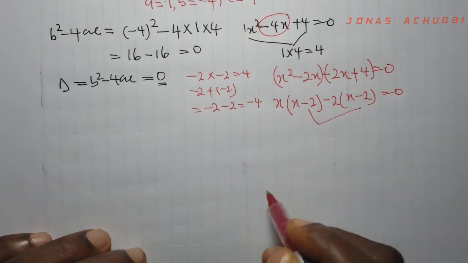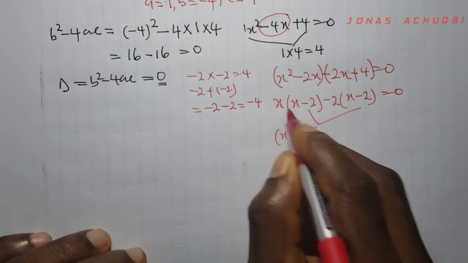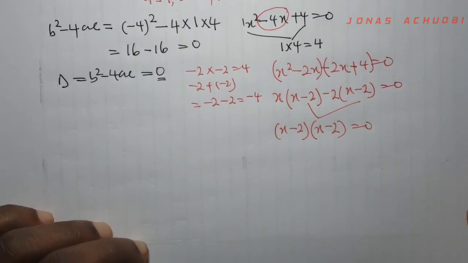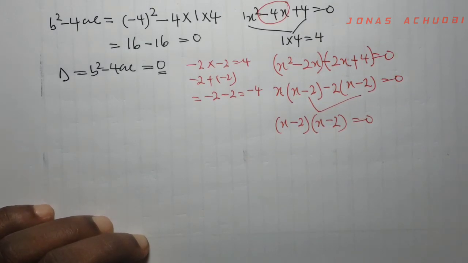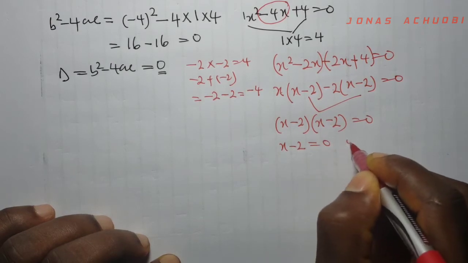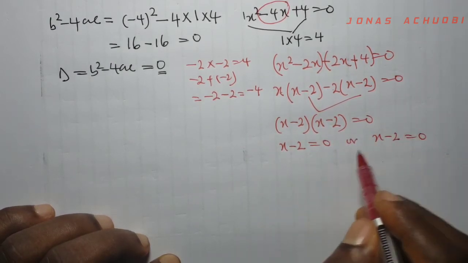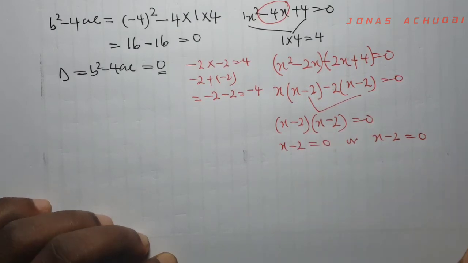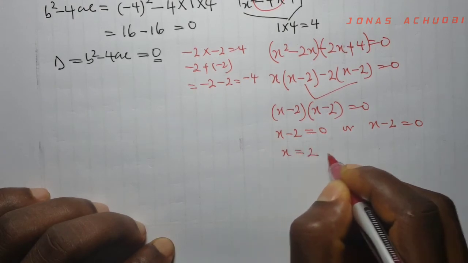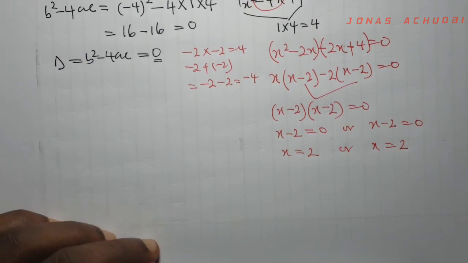So these two brackets are the same. We take just one, x minus 2, and the term x minus 2 equal to 0. From how we solved the first example, x minus 2, the first bracket, is equal to 0, or x minus 2, the second bracket, is equal to 0. You observe that both brackets are the same. So this gives us x equal to 2, or x equal to 2 the second time.